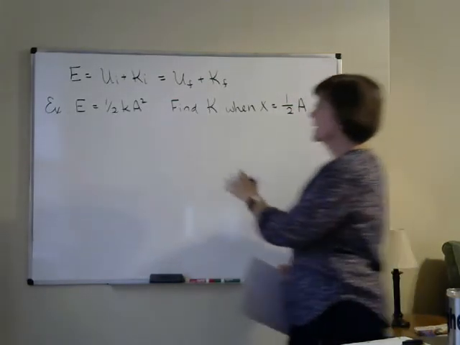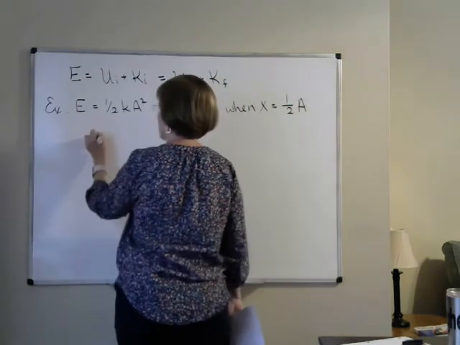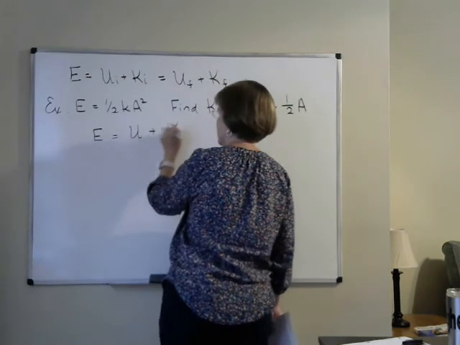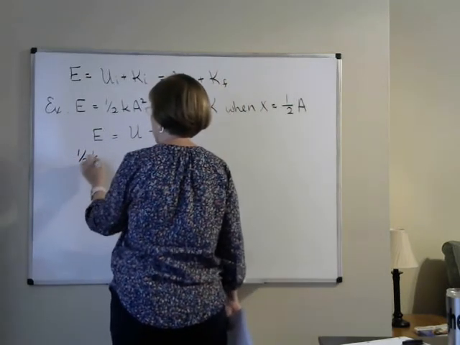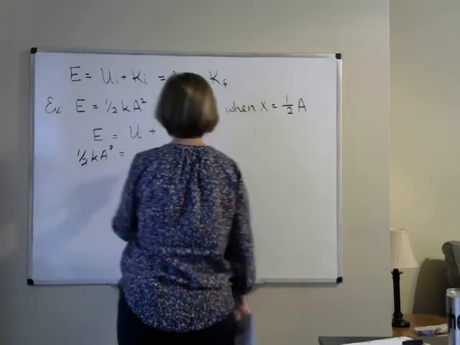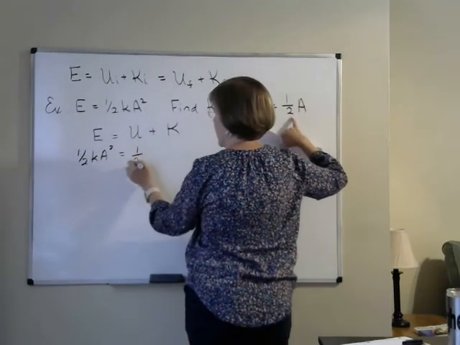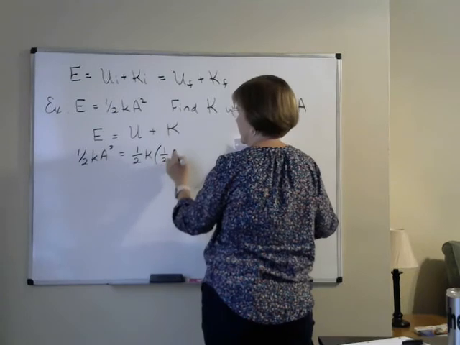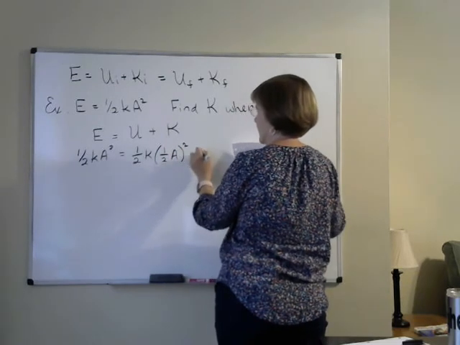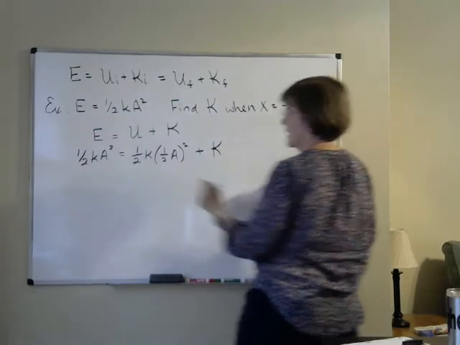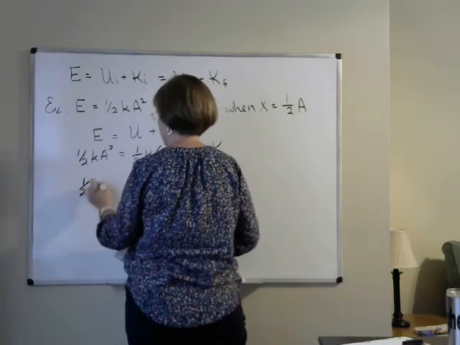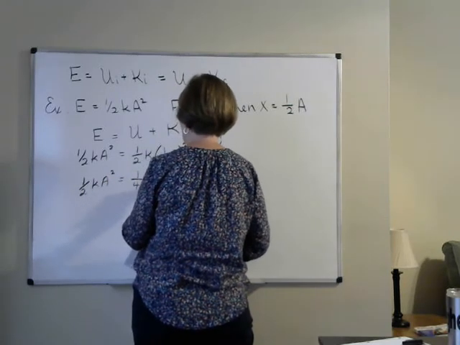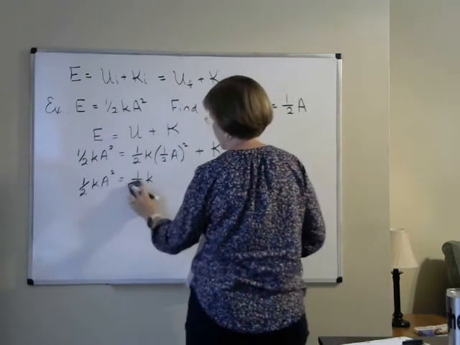Okay, let's do that. We really can just use the fact that the total energy is equal to the sum of the potential plus the kinetic. 1/2 kA squared equals, the potential is 1/2 kx squared, plus K. We're solving for K. No, that's not 1/4, that's 1/8. Why?